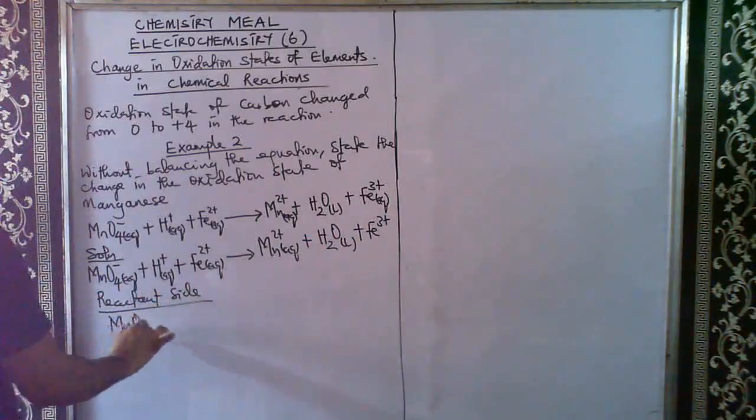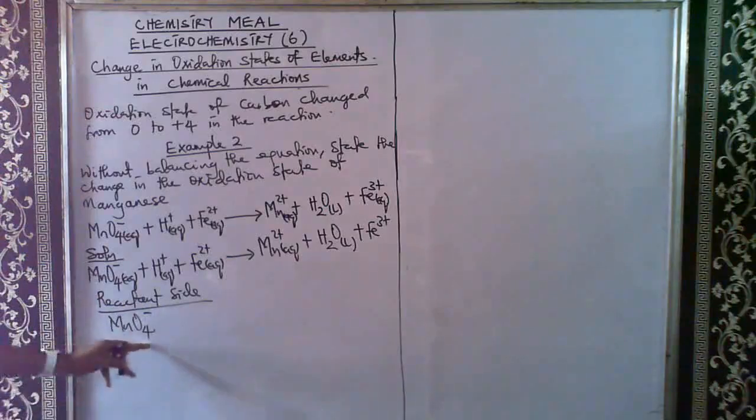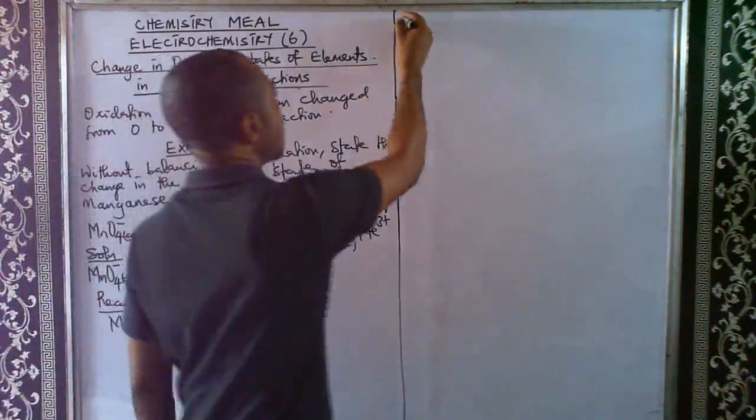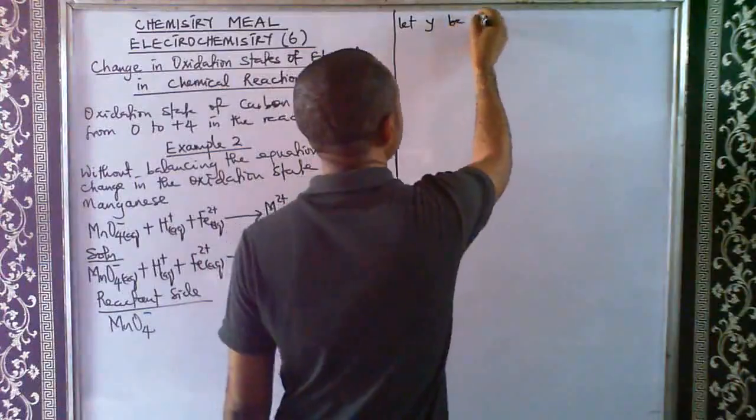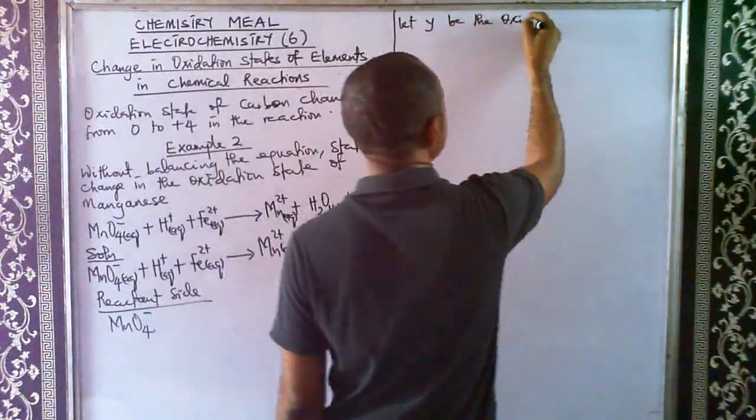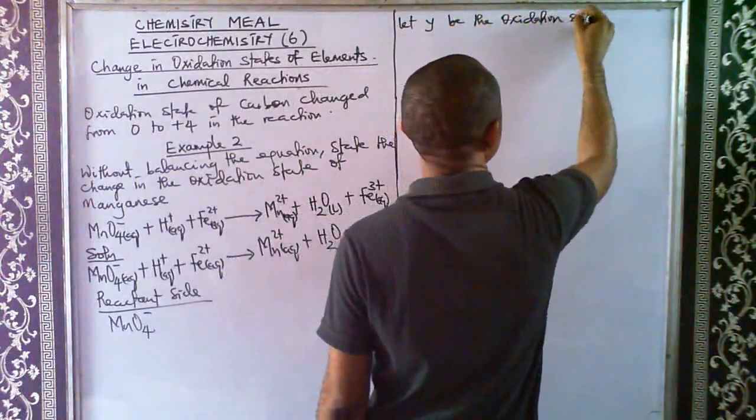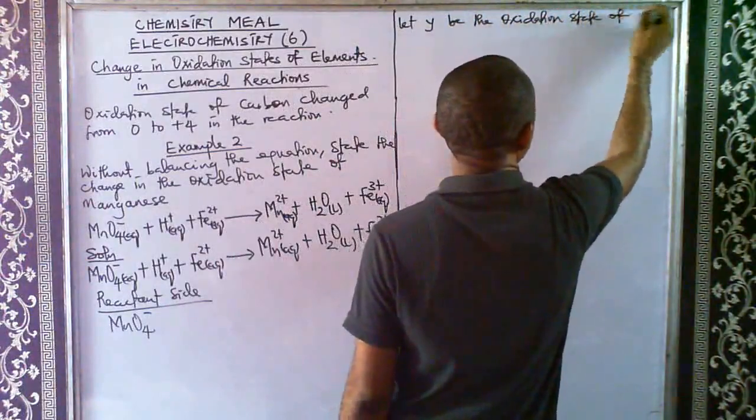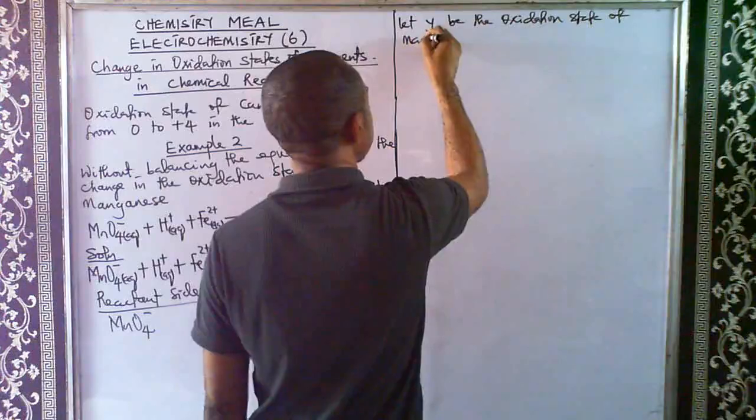That's here. So we need to calculate it because the manganese here is not in free state, it's in combined form. So we can say let Y be the oxidation state of manganese.